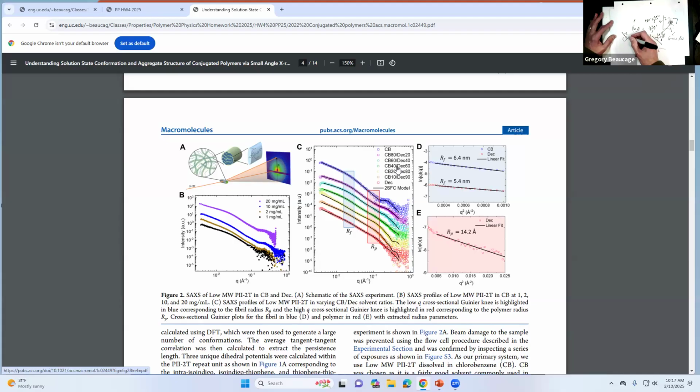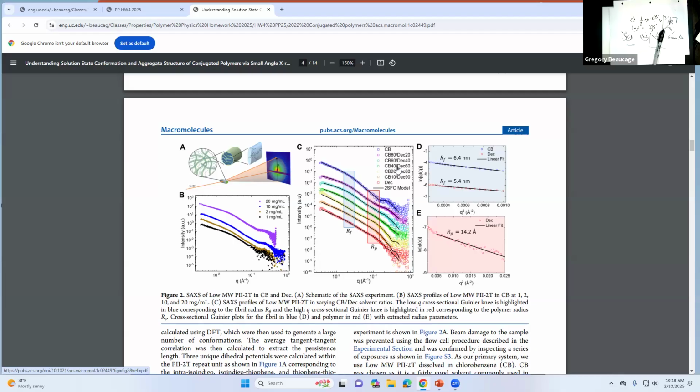So basically, one way to get around that is to say, well, I have a -1, so I'm going to get rid of the -1 and make that go flat, and then that should bring out the knee somehow. So that's a way to do it. So instead of exponential minus q squared RG squared over 3, you remove the q to the -1 part, so you divide by q out here, and then you have the plot that he has.